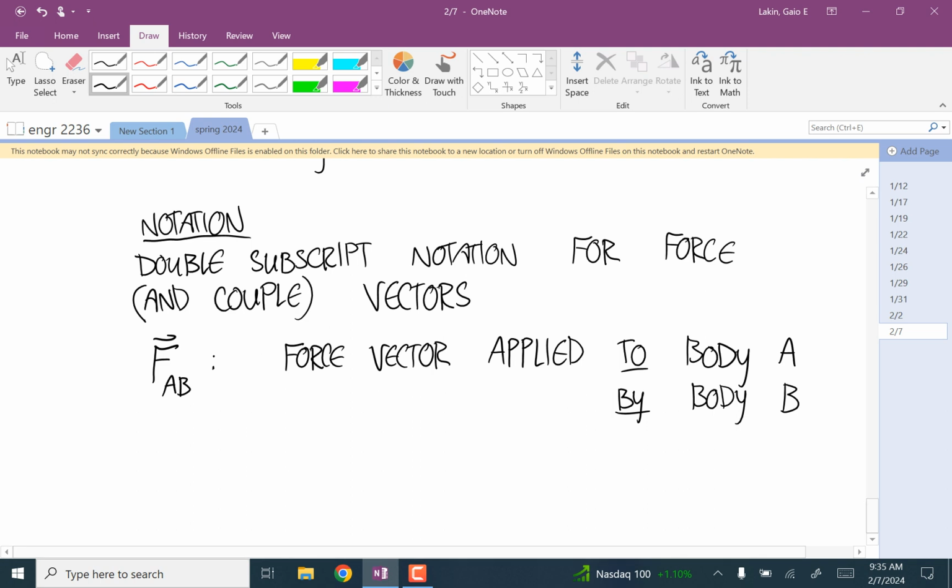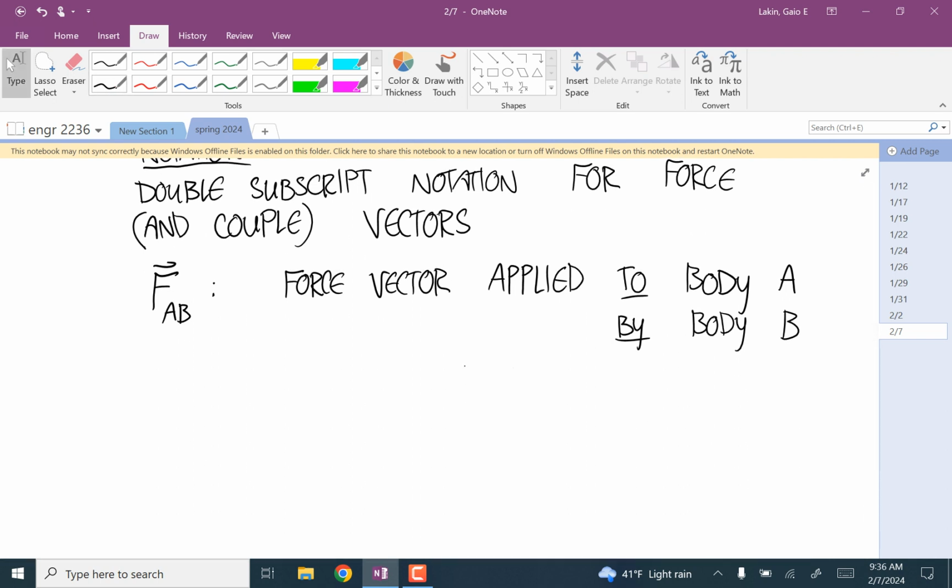Unfortunately, half the people use this notation to mean this, and half of the people who use notation like this do mean the force A applies to B. And as long as you're using it consistently, either one is fine. As far as I can tell, physics people tend to use the opposite meaning of this, and engineering people tend to use this meaning. So I wish I could give you the one way that everybody does it so you could communicate clearly, but I can't because people do it differently.